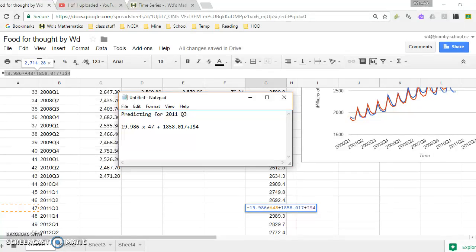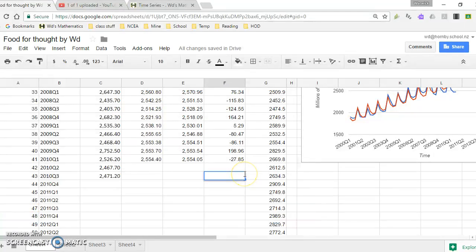Then I'm going to plus on the C value. And then I added on the seasonal effect. So I've got to go back and try and find out what the seasonal effect was for quarter 3. This is quarter 3. So I go all the way back up.